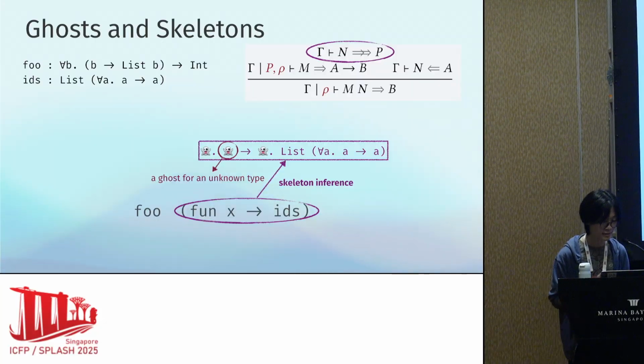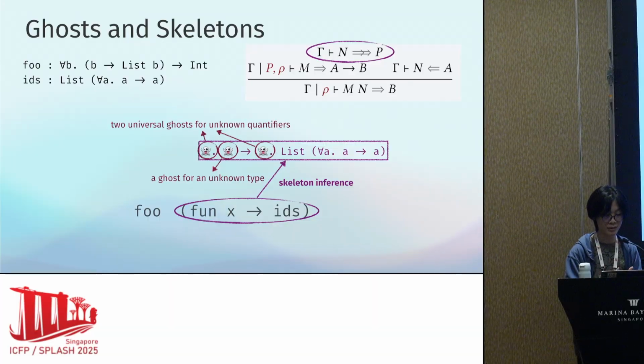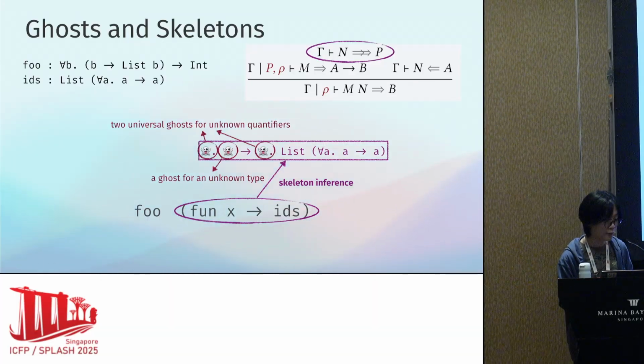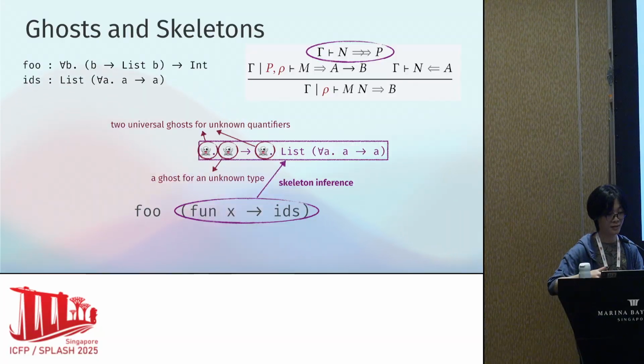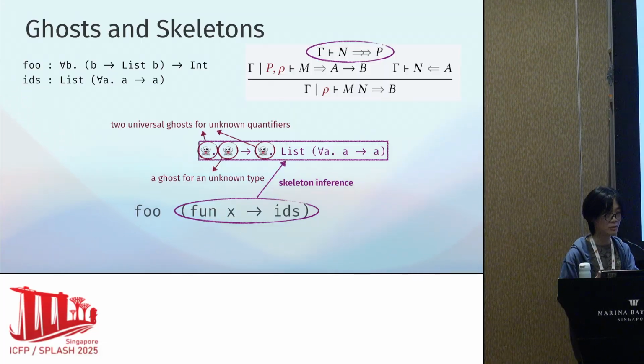So it is a ghost. And we also have two ghosts followed by a dot, which are universal ghosts, which represent some unknown list of quantifiers, because there could be some generalization or type abstraction later, which we don't know now. So we put some universal ghosts to represent that information.